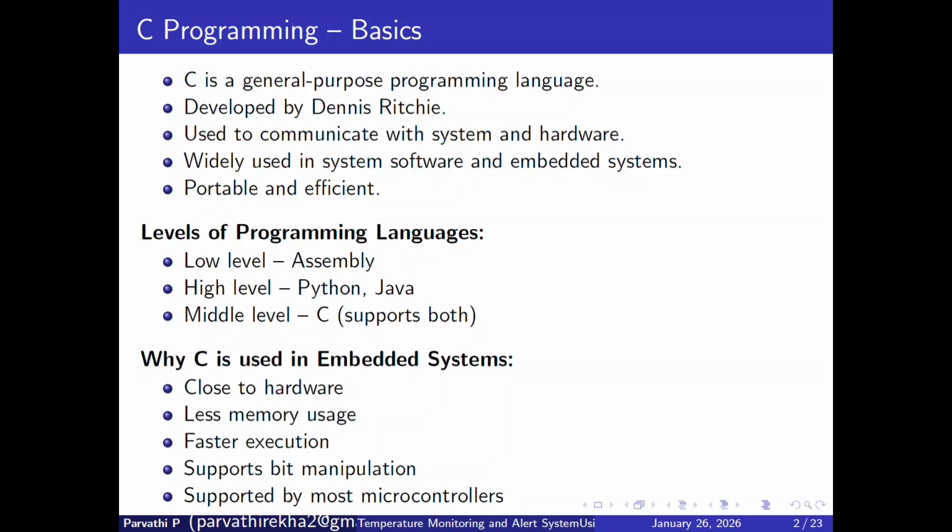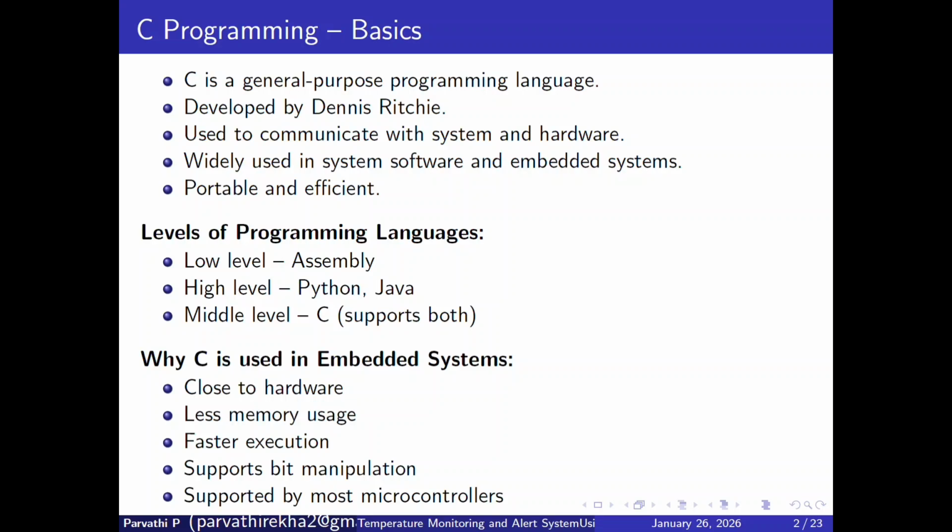It stays close to hardware, uses less memory space compared to other programming languages, the speed of execution is much faster, and it allows bit manipulation, which is essential. Because of these features, C programming is used in most microcontrollers. That's why C is used in embedded systems.